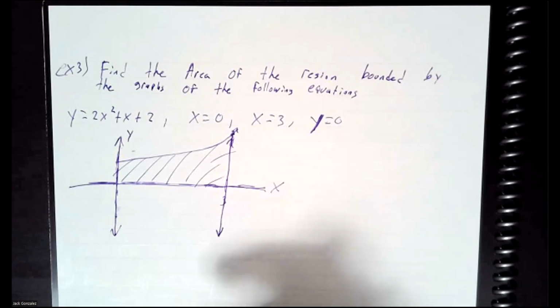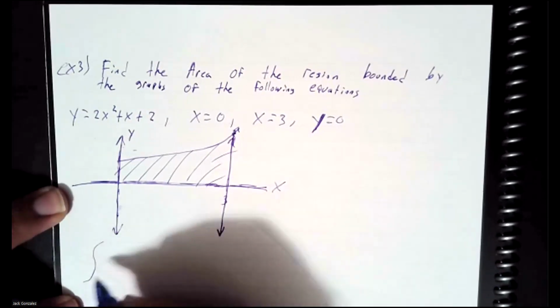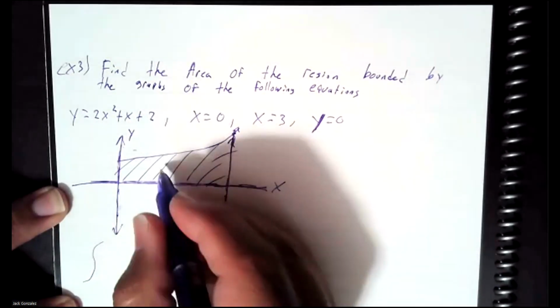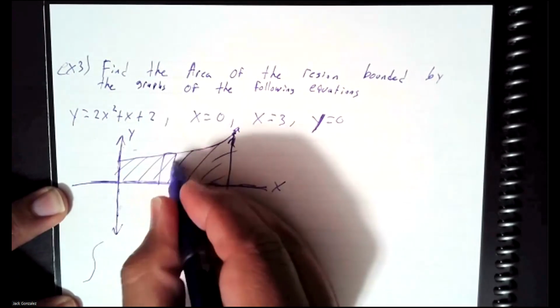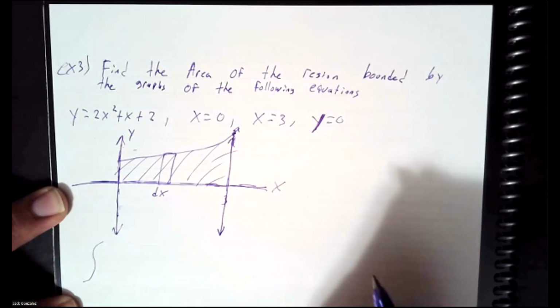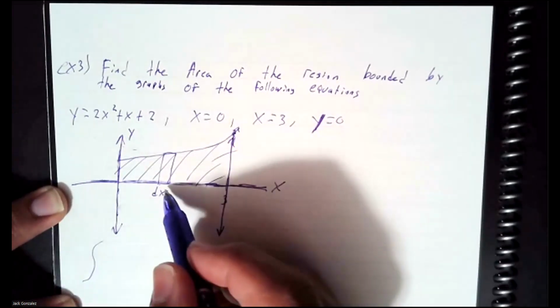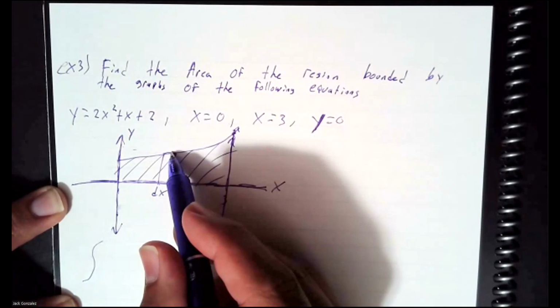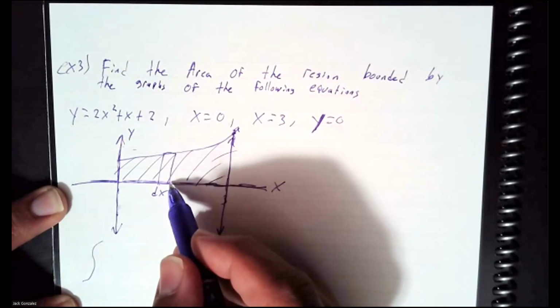You need to be able to see what you're integrating and from where to where. If I'm doing dx, meaning I'm integrating with respect to x, that means I have a vertical slice. So the top function minus the bottom function is how you do these.